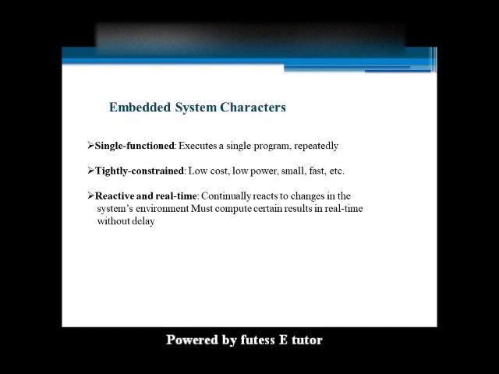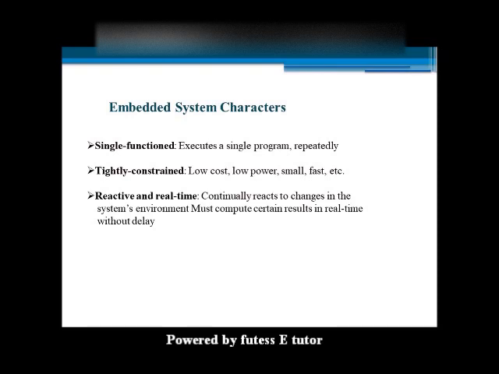Next, we talk about the characteristics of an embedded system. Single function, tightly constrained, reactive and real-time. Single function: it executes a specific program repeatedly. Example, a printer. In contrast, desktop systems perform various programs such as spreadsheets, video games, etc. Then tightly constrained.